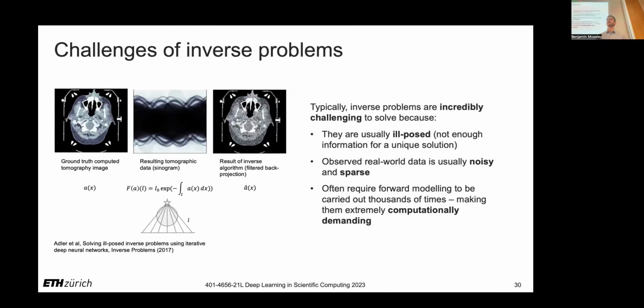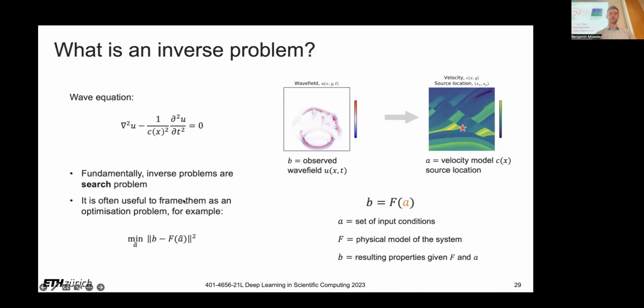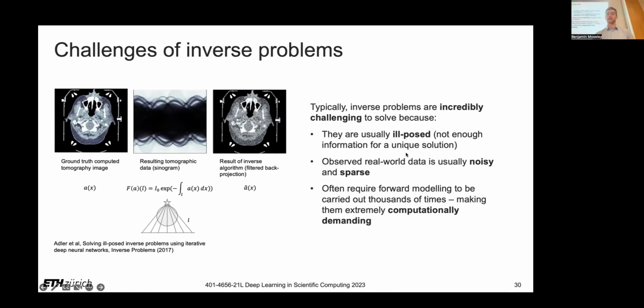This is a slide taken from the first lecture, where I said inverse problems are really challenging to solve. They're typically very ill-posed. This means that there's not enough observational data, for example wave field observations here, to uniquely tell us what the underlying parameters are, so what the velocity model is. The observational data that we have is typically very noisy and very sparse as well.